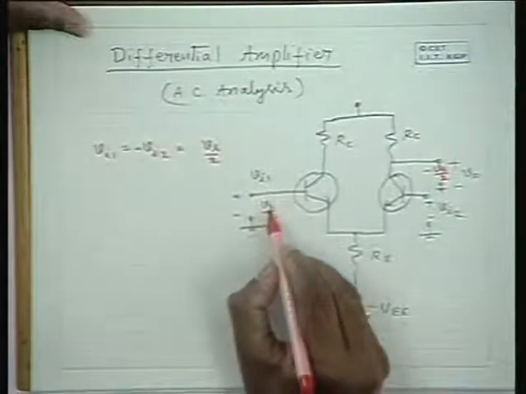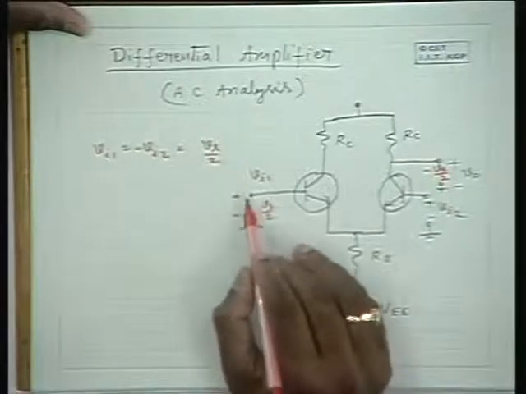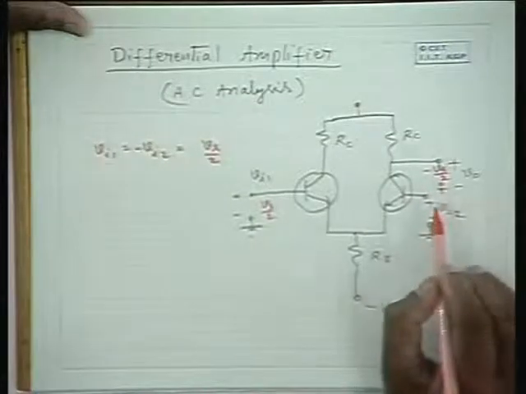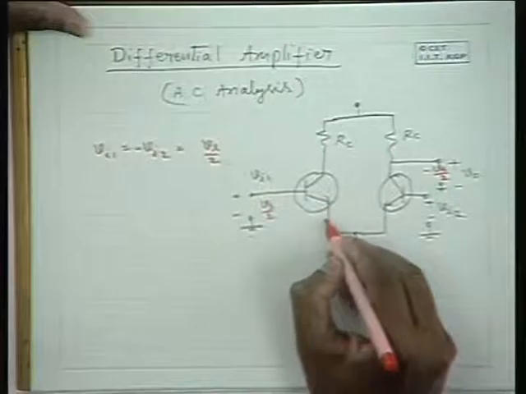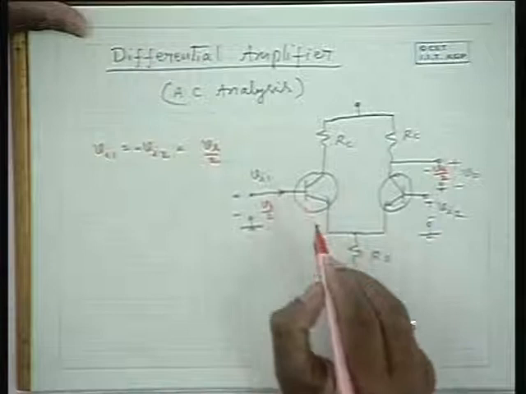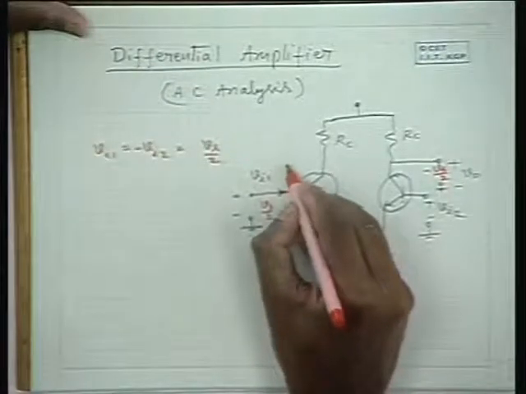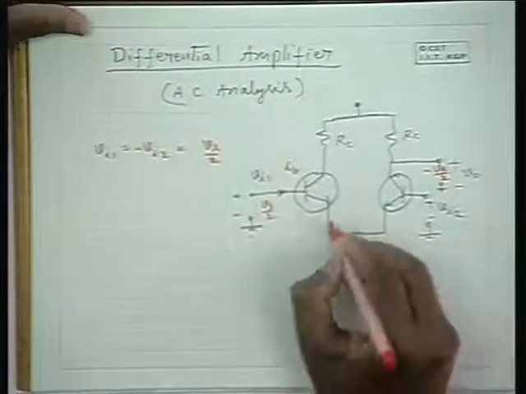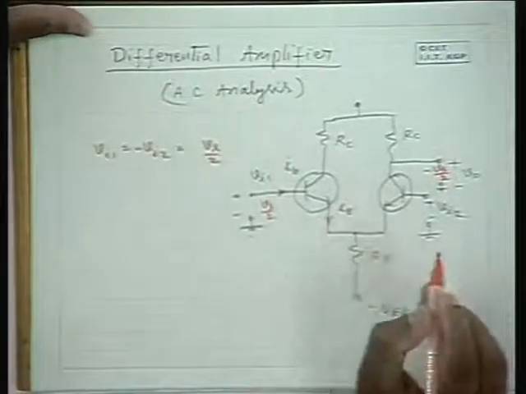Now, when you apply a small Vs by 2 at the input of the first transistor, and with opposite sign at the next transistor, we expect an increment in the base current, the biasing base current, and the alternating base current would be IB, and that is responsible for an alternating emitter current IE.